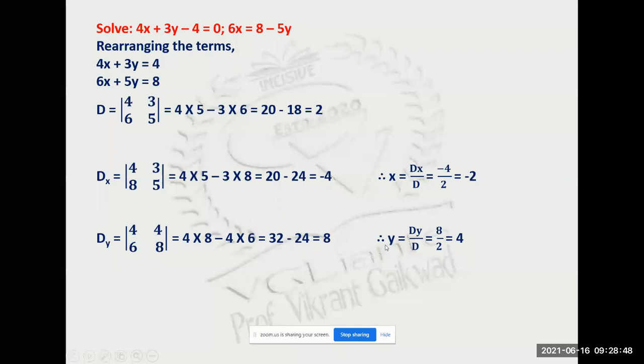So y equals dy upon d, that is 8 upon 2, which equals 4. Is this clear? Value of x as minus 2 and value of y as 4.